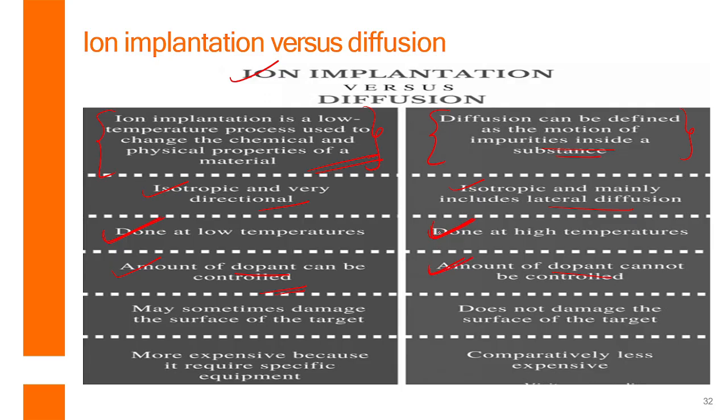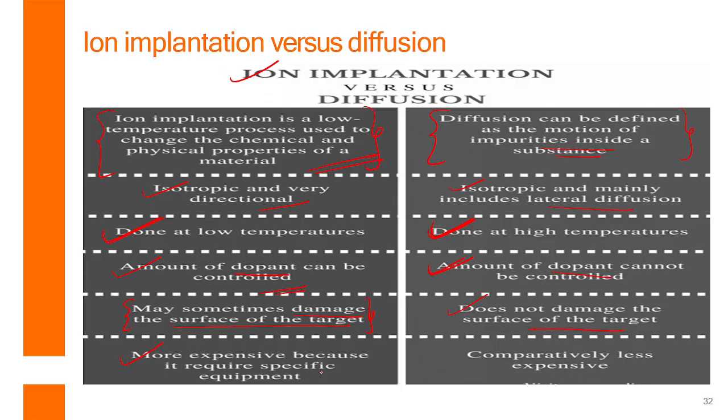In implantation, if we miss the target, it can damage the surface of the target also. But here, this is gas only, so it will not damage the surface of the target. If you place the accelerated dopants somewhere not exactly on the target, it may miss the target and damage its surface. And implantation is more expensive.